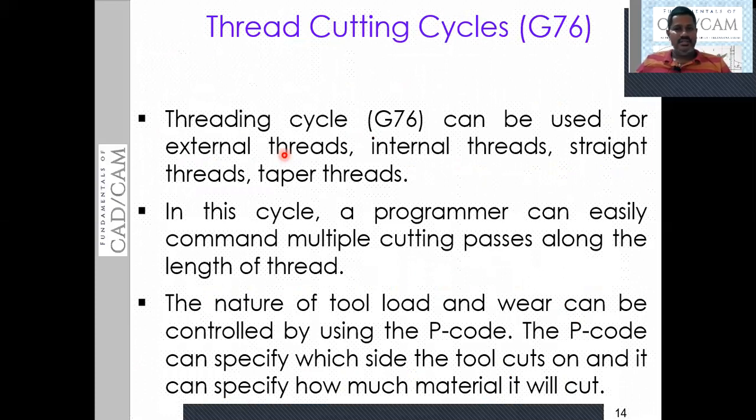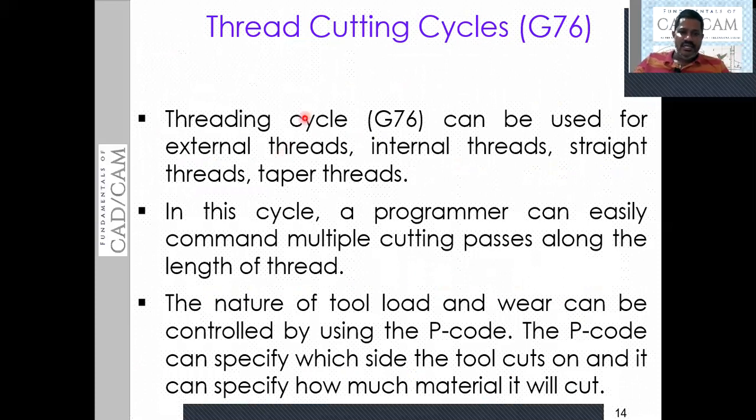Of course, even thread cutting cannot be performed in a single pass. It should be repeated a number of times to get the exact specifications of the thread. According to the depth of cut, we need to repeat the operation.